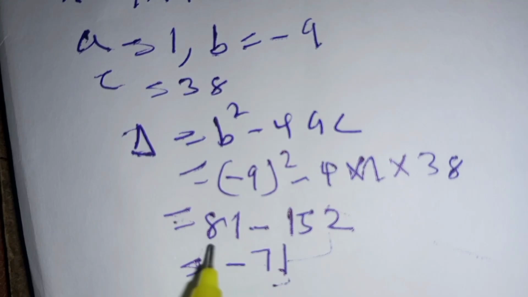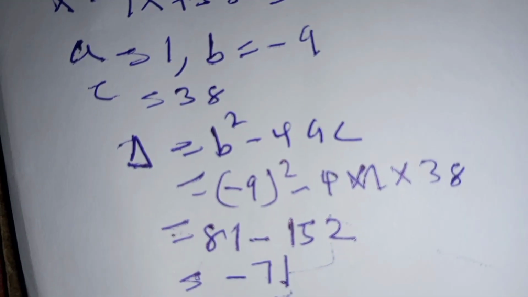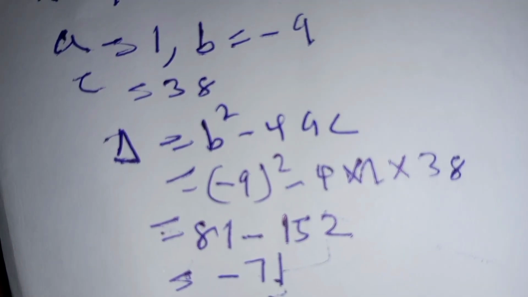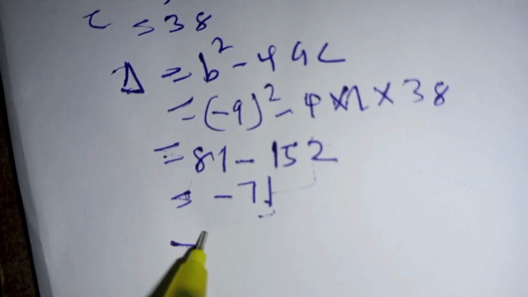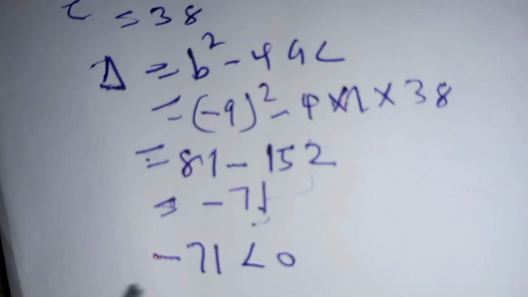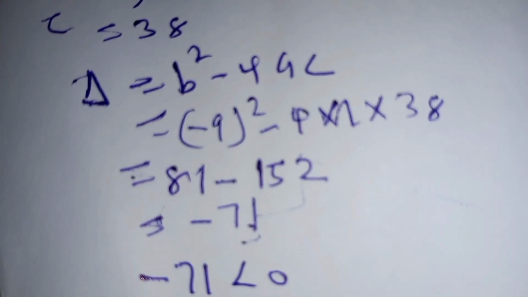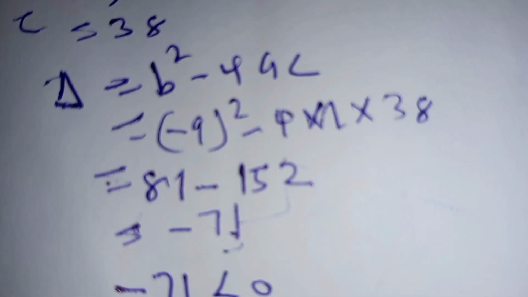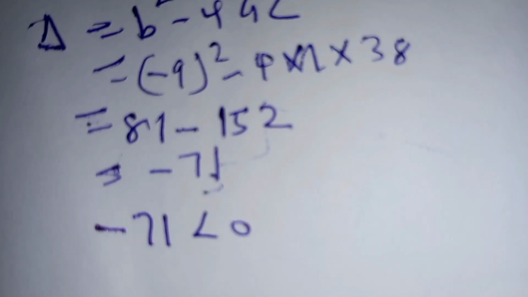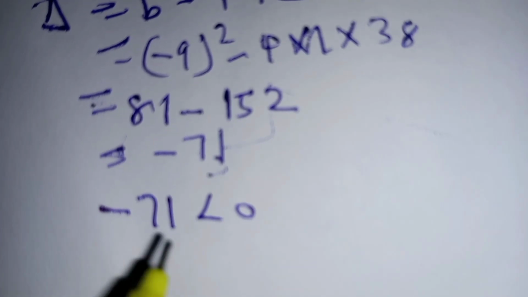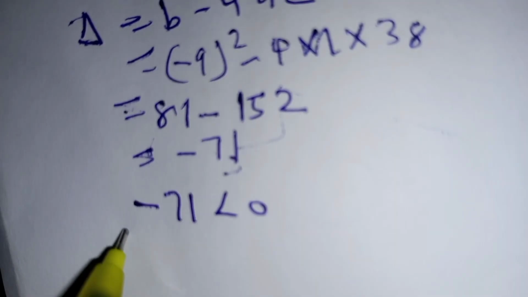So our value is less than 0. Because negative 71 is less than 0, this case is rejected, since it is required that the value of x should be a real number. Here, there will be no real solution.